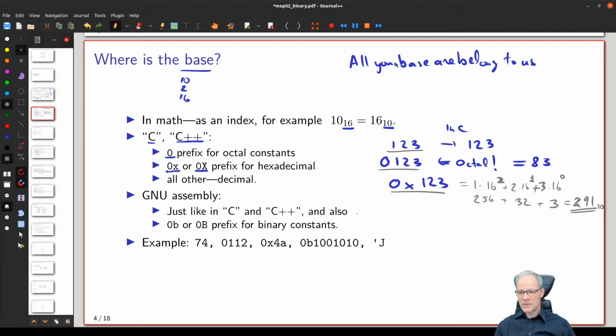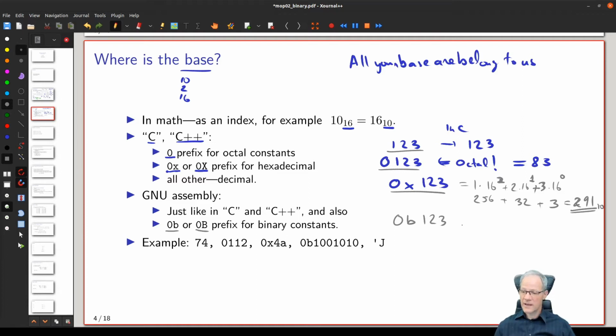Now in assembly languages, we also may want to write binary numbers, and in fact in C you could also write binary numbers, except now you have to prefix them with 0b, right? So what if I write 0b123? Would that be okay?